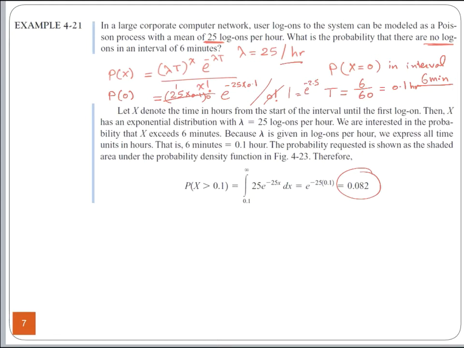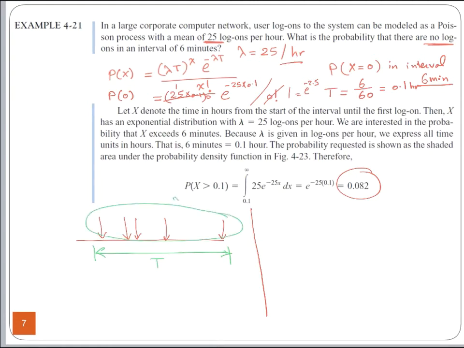Before doing that, let me describe the relation that says when the exponential distribution appears. Remember, the Poisson distribution was talking about random arrivals, arrivals that happen randomly at certain locations. And then we were saying that within a particular interval, this is our interval t, what's the probability that the number of arrivals X is equal to a certain value?